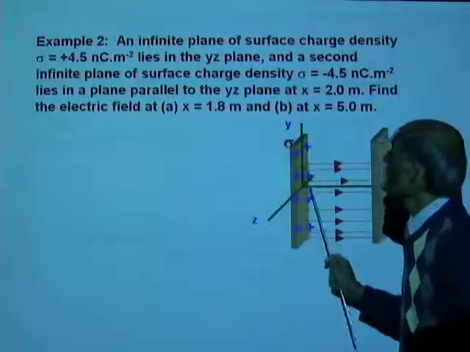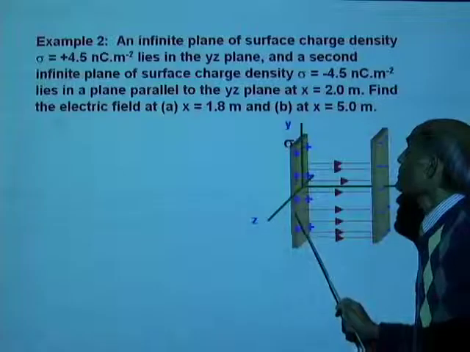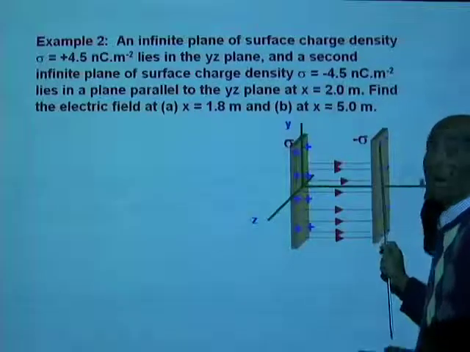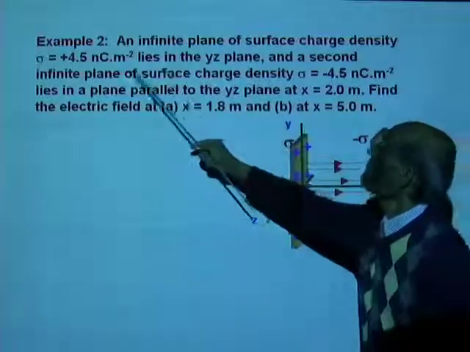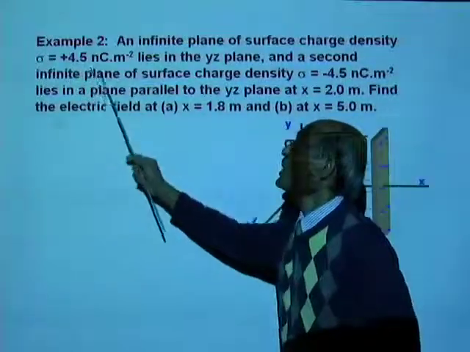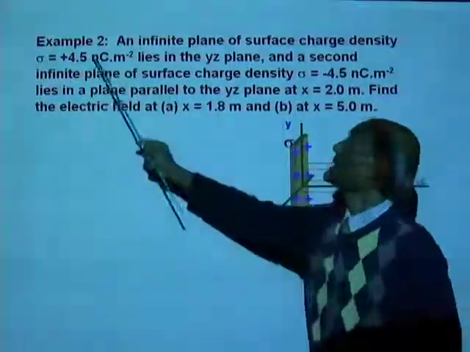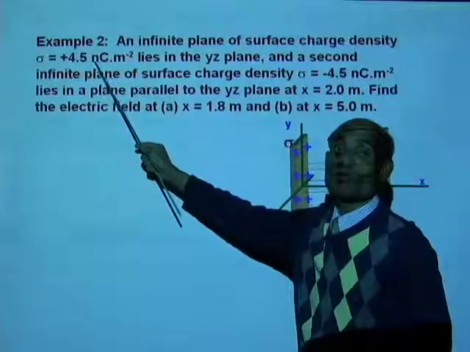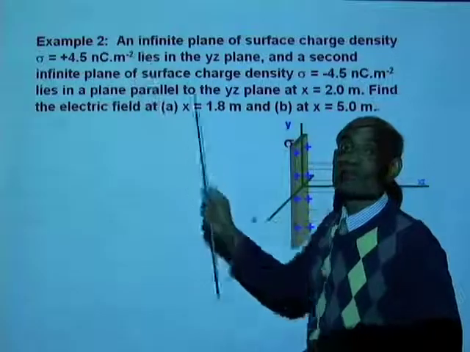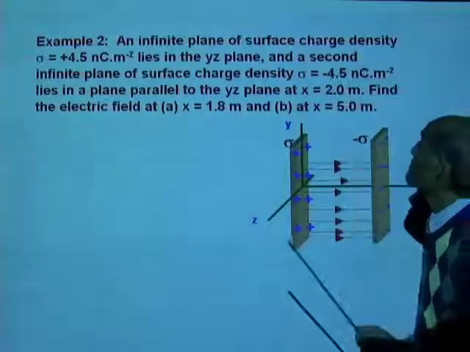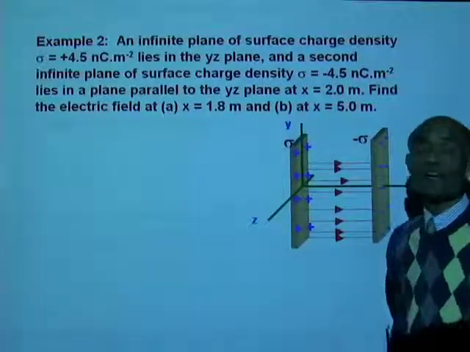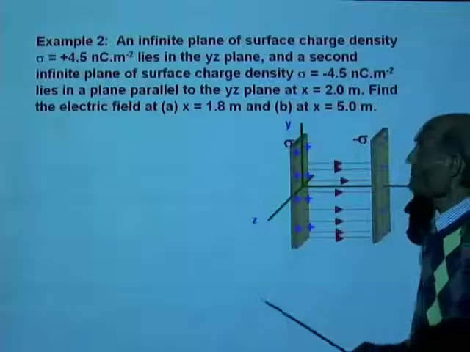The surface charge density on this is sigma, and on the second one is negative sigma. Is that right? The surface charge density on the first plane is positive 4.5 nanocoulomb per meter square. On the other one, it is negative 4.5 nanocoulomb per meter square.